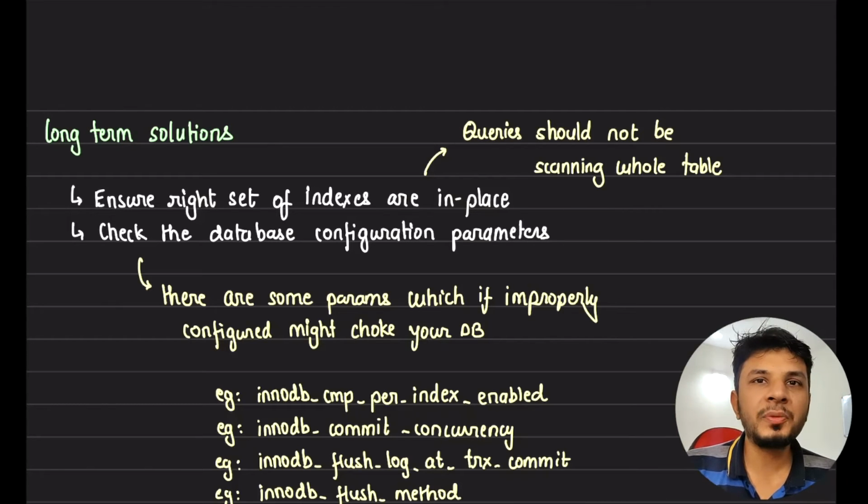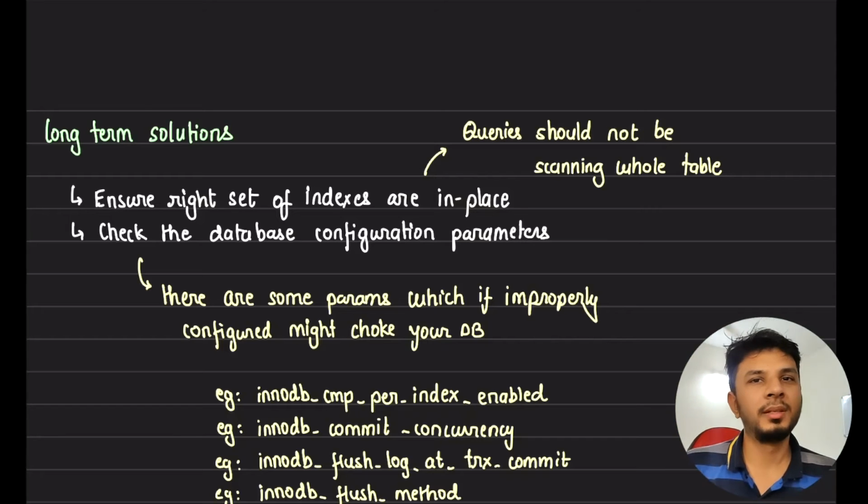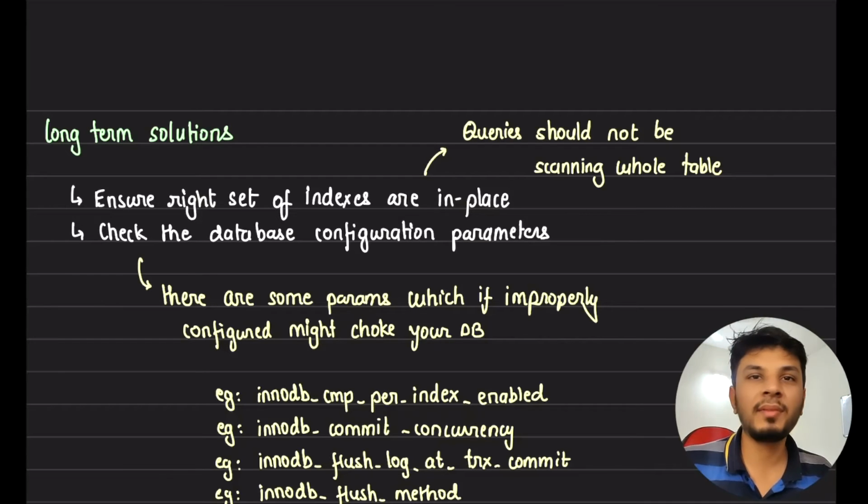When you fire that query, if there is no index on user ID and you have 1,000,000 blogs, every time this query is fired, it will have to scan the entire table. Scanning the entire table will require a lot of disk IO and a lot of CPU cycles to be executed. So query execution time will increase.